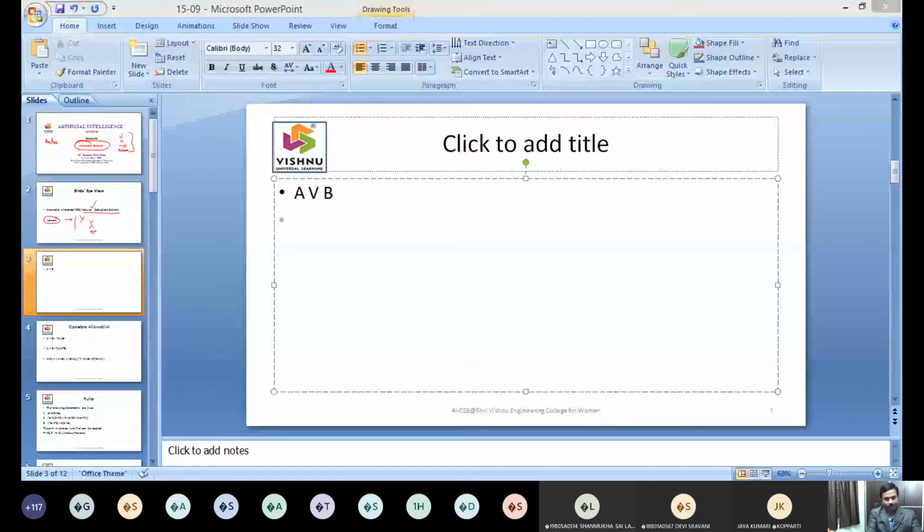This is negation of A, or negation of B. Now what I have written here, is it right? Just find out whether this is right or wrong. Is this right?